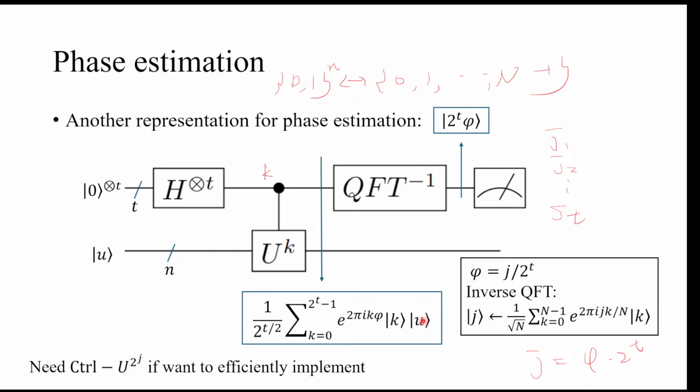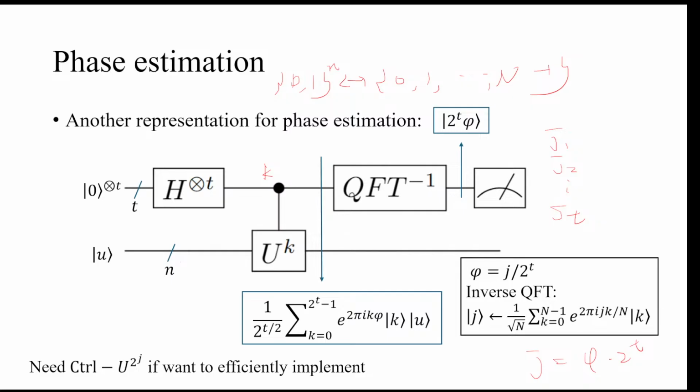Then the phase kickback, you can put it on U or you can put it on k. Then you look at this thing and realize that you have some j, and if you do the inverse Fourier transform, you will just get j, because if your phi is j divided by 2 to the t, then, so we also write n here, right?